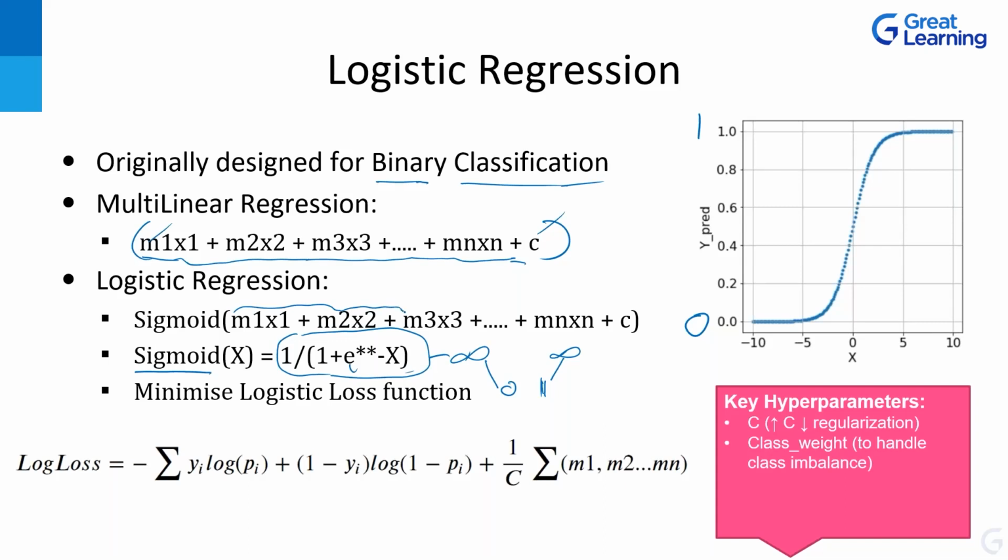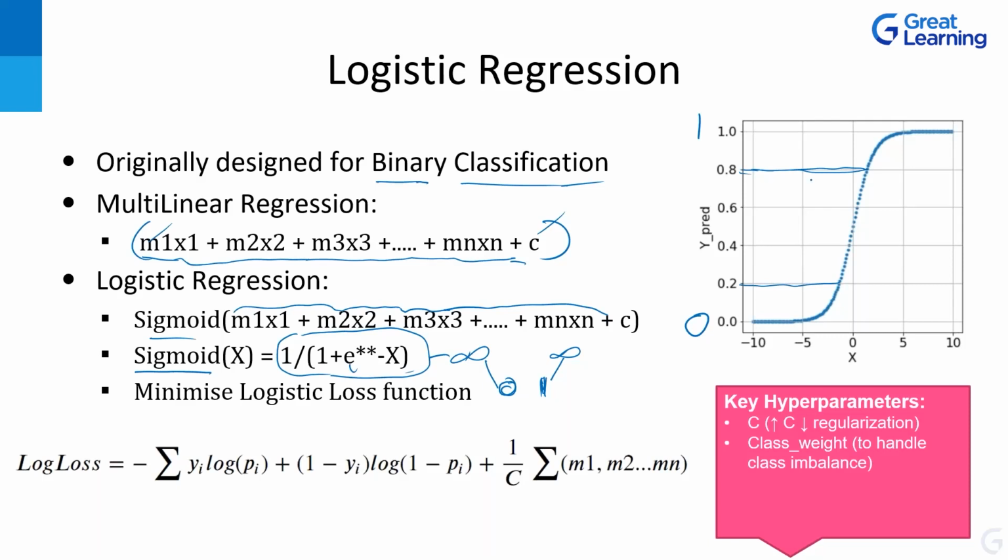So we take a similar equation to linear regression, and we pass it on to a sigmoid function. That gives us predictions which lie between 0 and 1. Maybe some prediction would be 0.2, some prediction will be 0.8. Since our predictions lie between 0 and 1, we read them as probabilities, the probabilities of belonging to class 1.